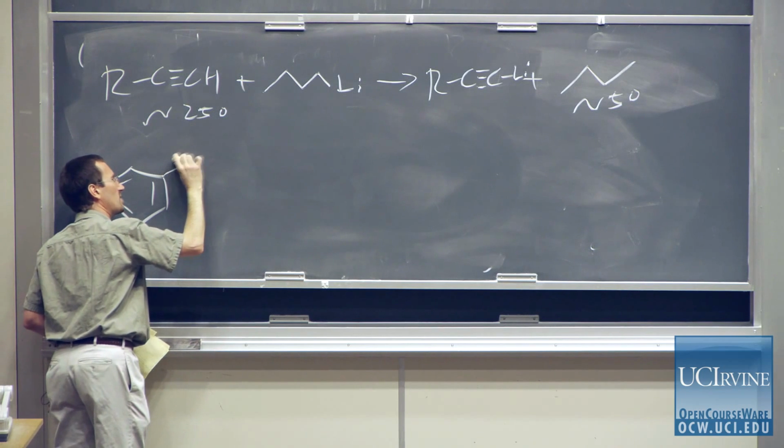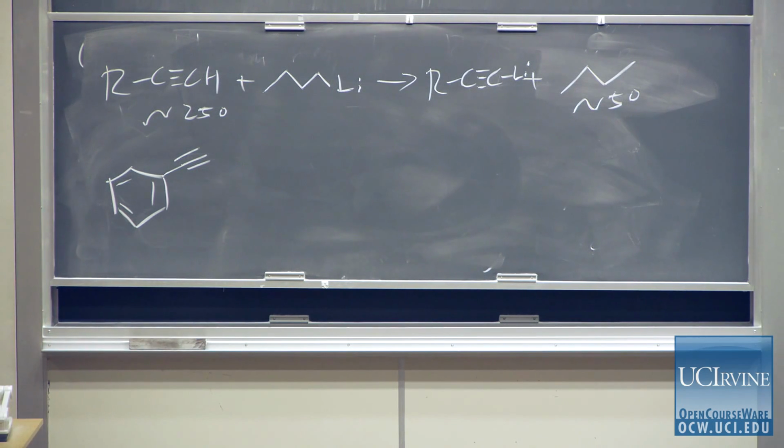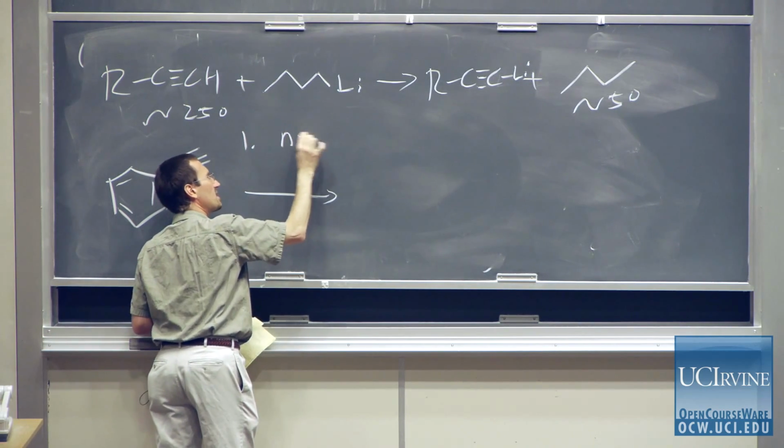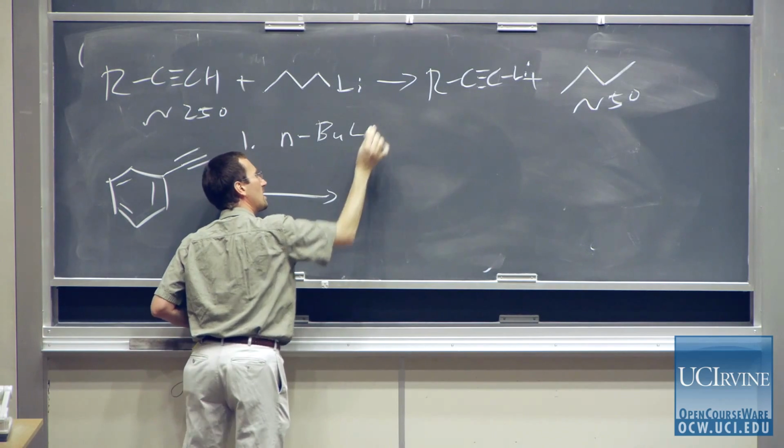Just to give you some diversity in the molecules that you see, I'll take, say, phenylacetylene, and we could envision treating it with butyl lithium. You'll often see butyl lithium written as n-butyl lithium.